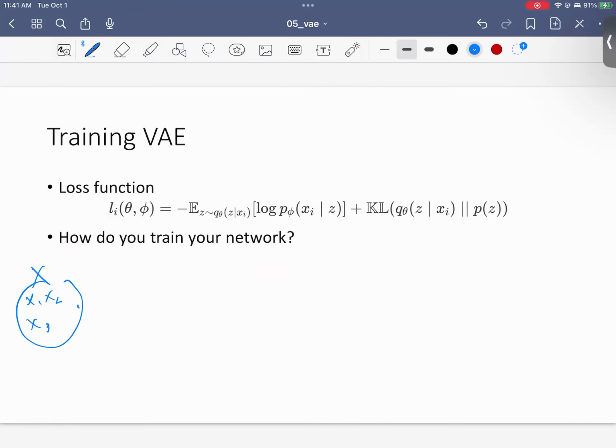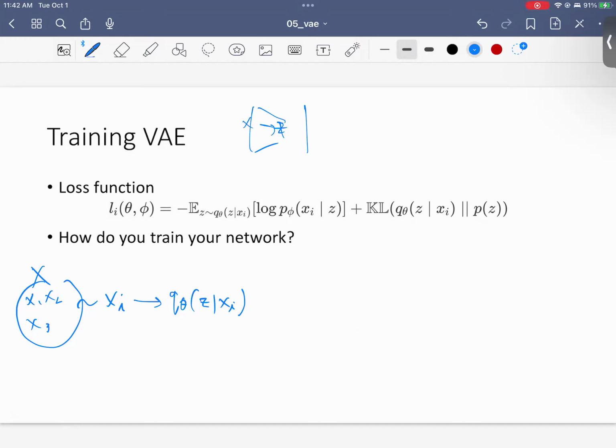You sample a single xi and plug it into your encoder, which is q theta, z given xi. In the original autoencoder, your encoder directly gave you z from x.